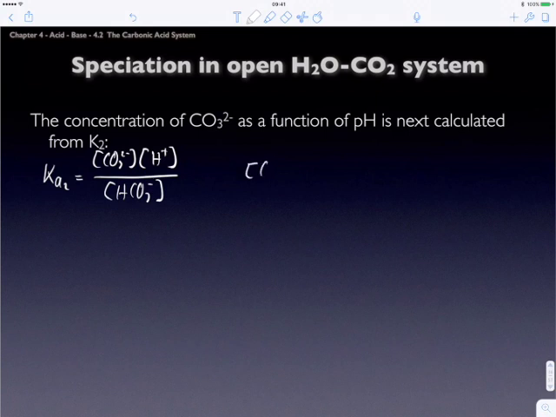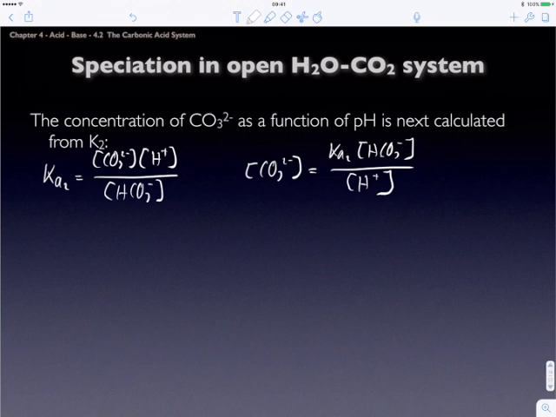So you can express the carbonate as Ka2 times the HCO3 minus concentration divided by the H plus.